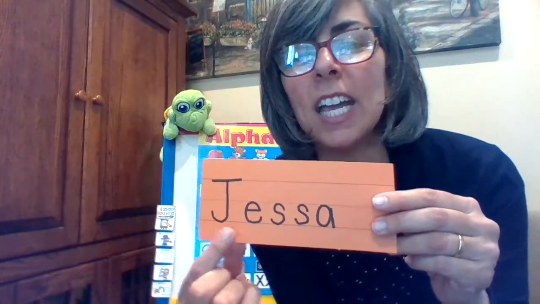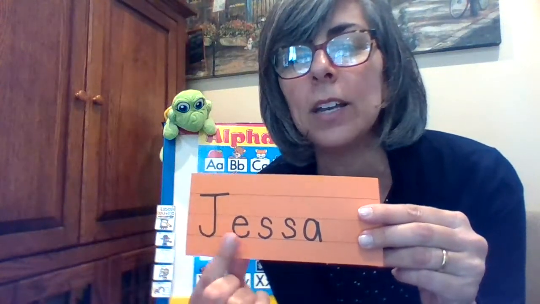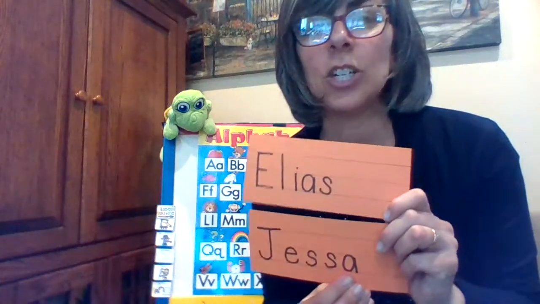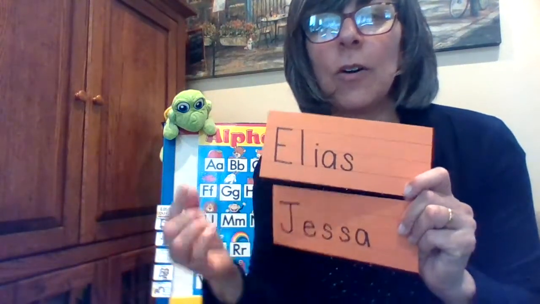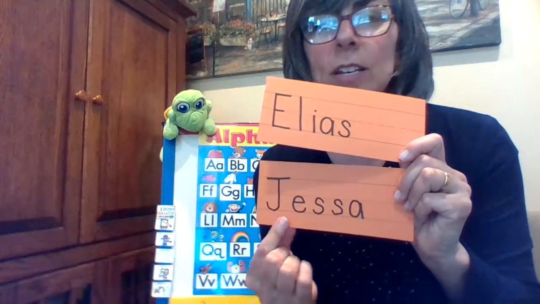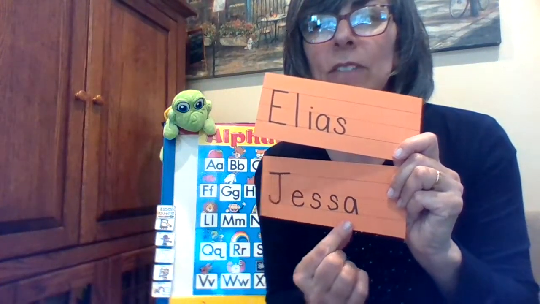Jessa. Hi, Jessa. J-E-S-S-A. Let's count how many letters there are. 1, 2, 3, 4, 5. Didn't we just say 5 letters in Elias? And 5 letters in Jessa. 1, 2, 3, 4, 5, and 1, 2, 3, 4, 5.